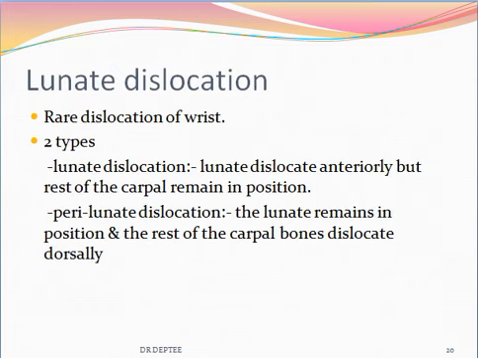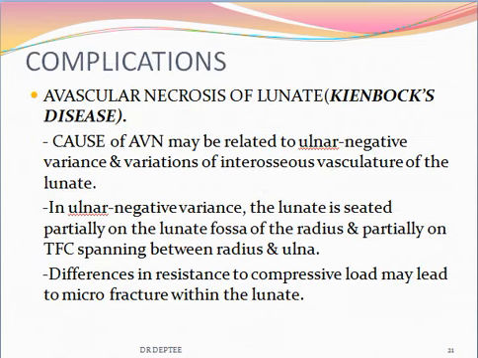Lunate dislocation is seen, a rare dislocation of wrist. There are two types of lunate dislocation. It could dislocate anteriorly but rest on the carpal, or perilunate dislocation, the lunate remains in the position and the rest of the carpals get dislocated. These are the two types you could see. There are complications.